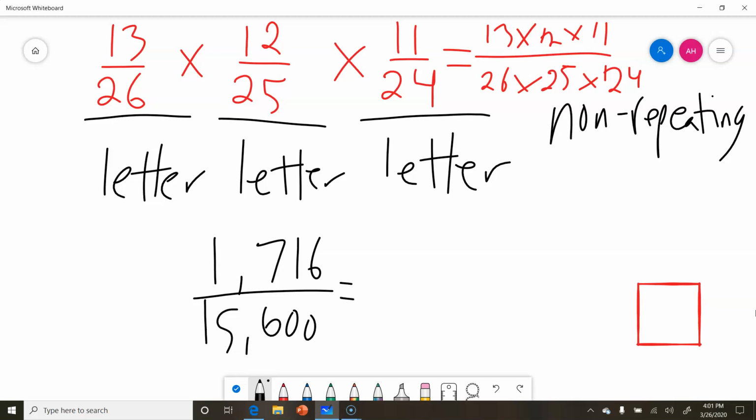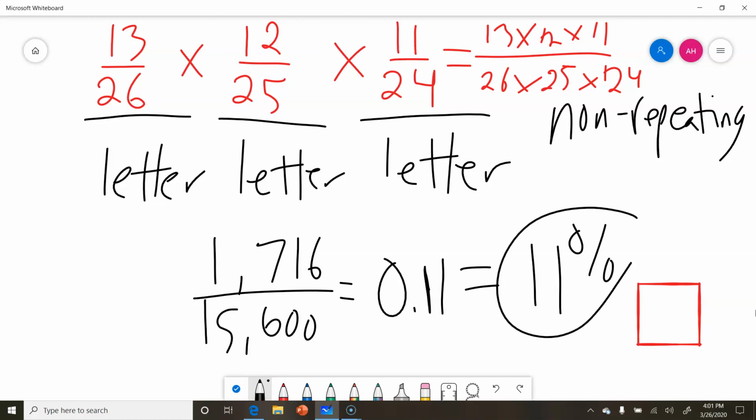At this point, I would just divide that in your calculator, 1,716 divided by 15,600. Just do this division and hit equals, and you get 0.11, and that is a percent that we convert to 11%.